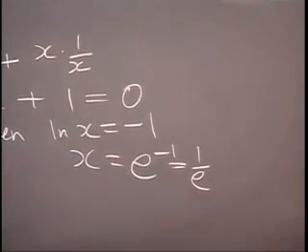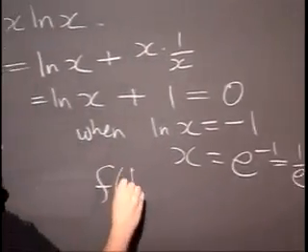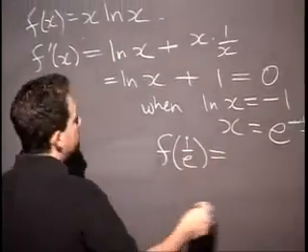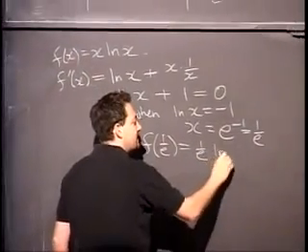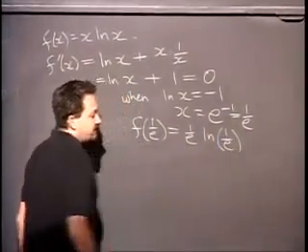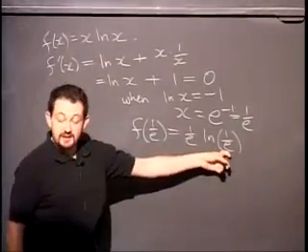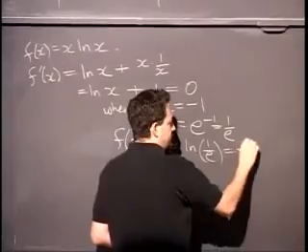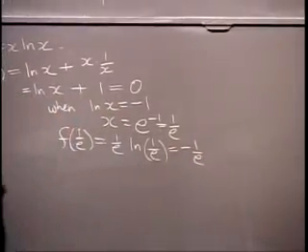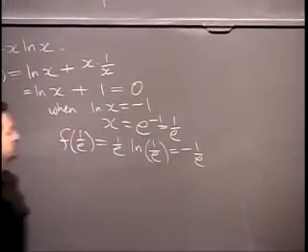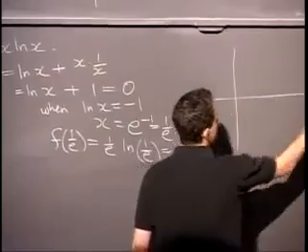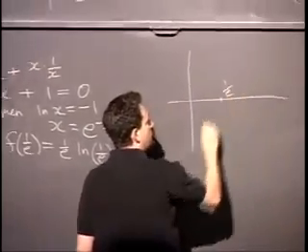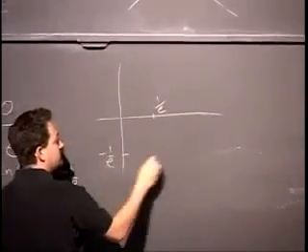And just for yokes, we'll find out that f of 1 over e is 1 over e times the natural log of 1 over e. Of course, this is e to the negative 1, so the log of it is just negative 1. And we find that we have negative 1 over e. So somewhere on this graph, we know the curve goes through 1 over e, comma, minus 1 over e.